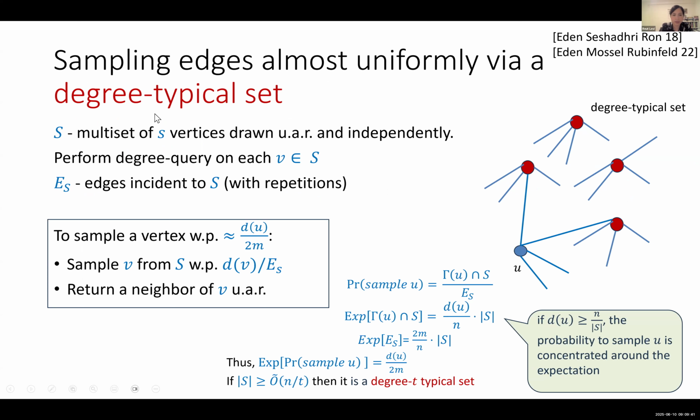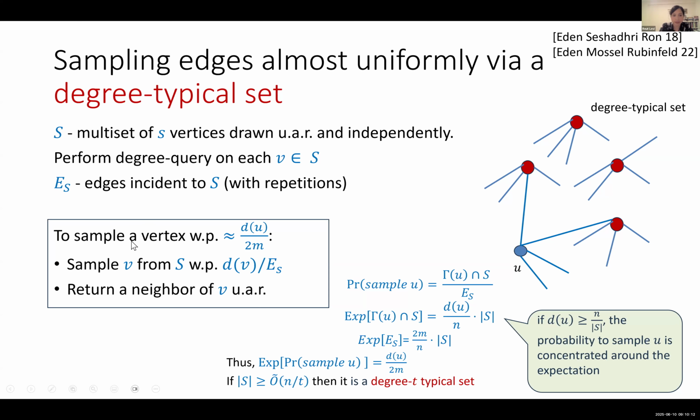A degree typical set is constructed as follows. We first pick a multiset S of vertices where each vertex is drawn uniformly at random from the graph and independently. Then we perform a degree query on each vertex in the sample. We denote by E_S the edges incident to the vertices in S, where we allow repetition since some vertices may appear more than once in the sample.